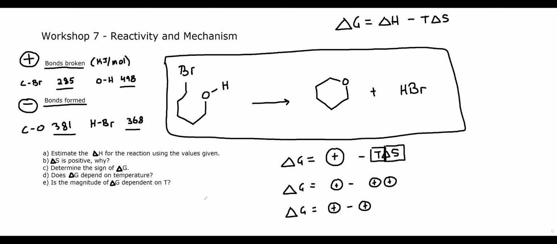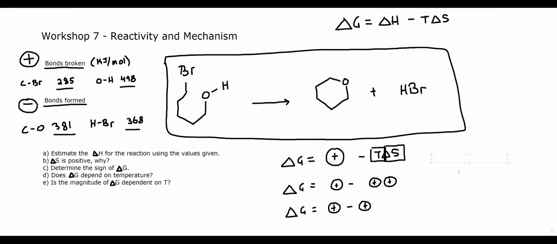What does that mean for the sign of delta G? Well, a positive minus a positive is going to be a negative unless temperature is low, then it could still be a positive, right? If we have a large number minus a small number, it could stay positive. Otherwise, delta G will be negative.